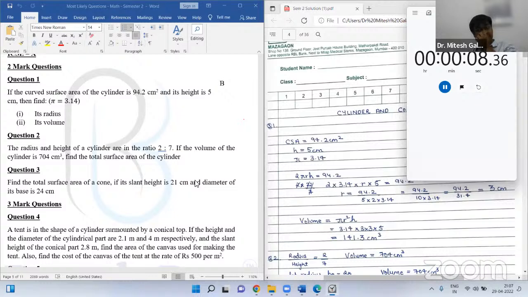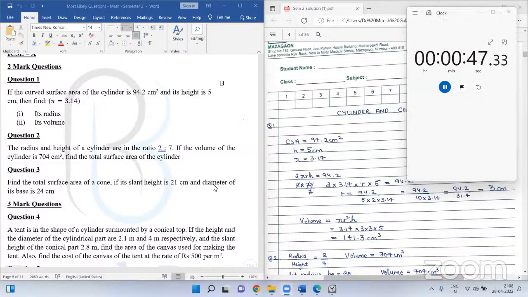Find the total surface area. Come on. Done, sir.